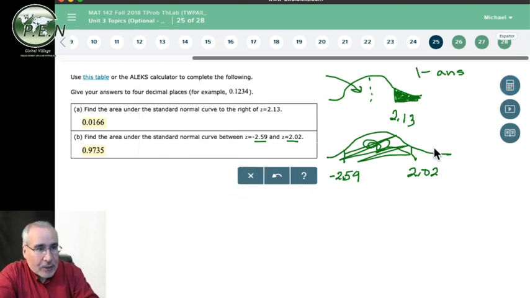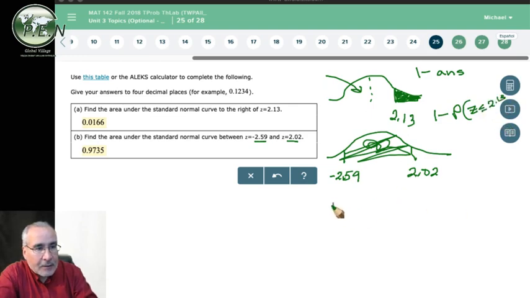That's question 25. Hopefully it's making sense. So let me just write that out here. We found 1 minus the probability that z is less than or equal to 2.13.